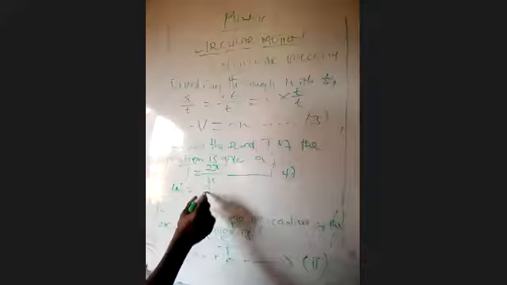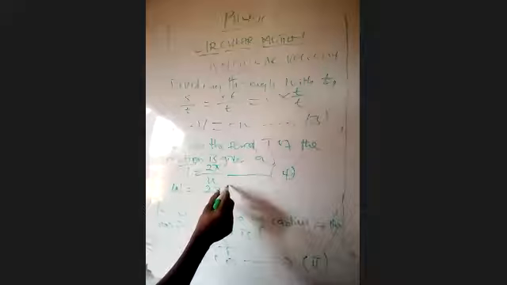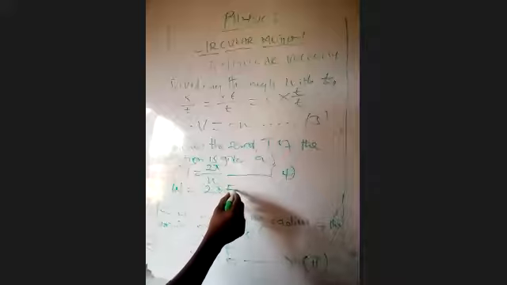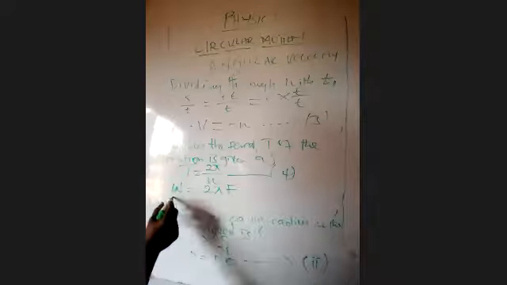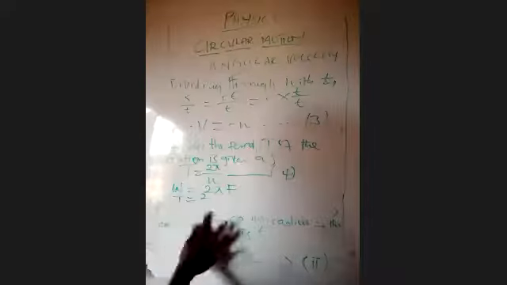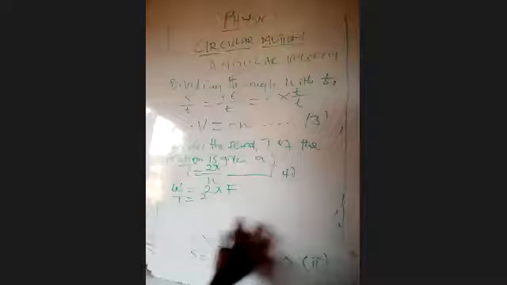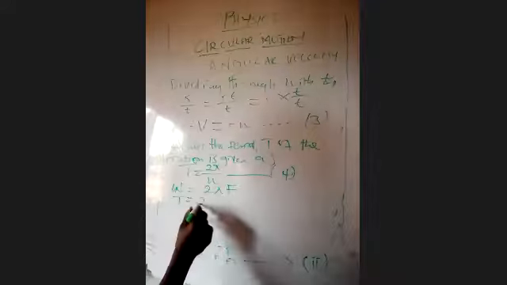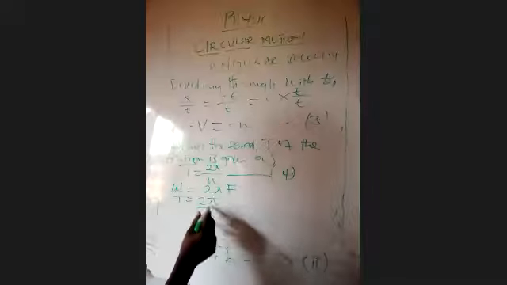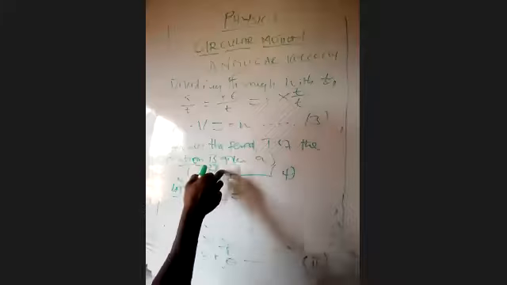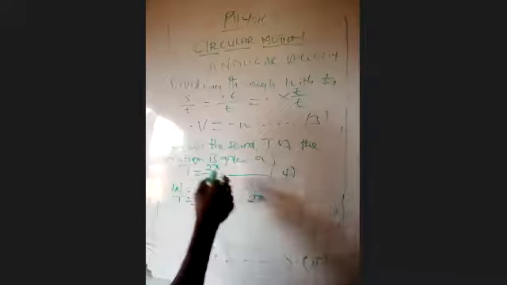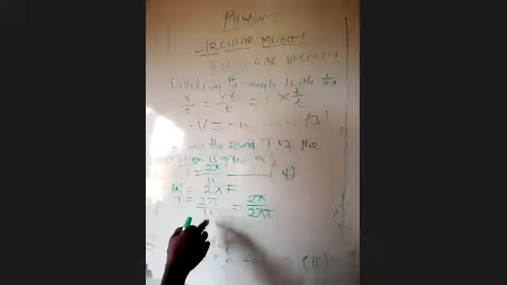Now, W is equal to 2 pi F, where F is the frequency. So T is equal to 2 pi all over W, which is equal to 2 pi all over 2 pi F.